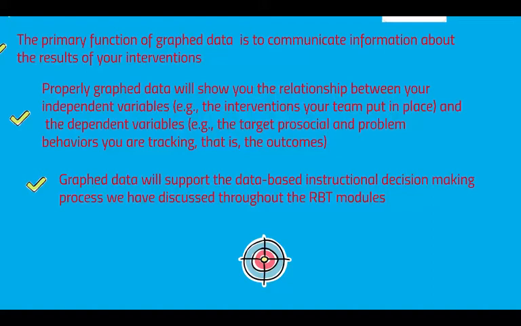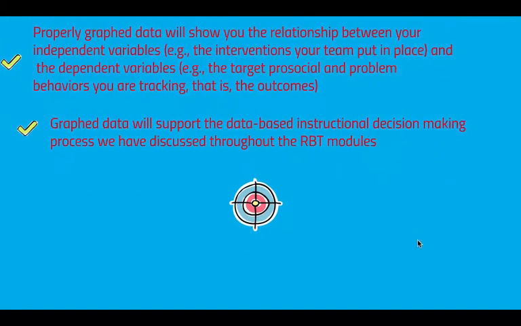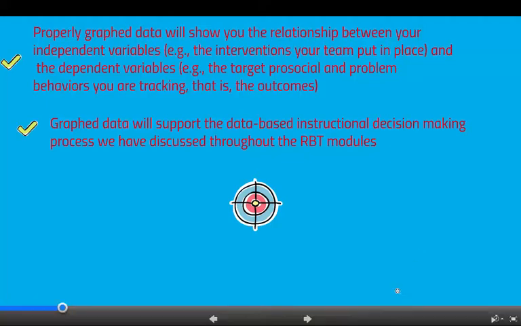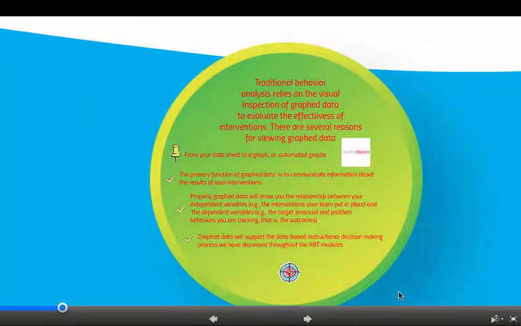We're looking to see what that relationship is between the intervention we put in place and the outcomes we're looking for. We want the data to tell us whether or not there's a functional relation between the independent variable and the dependent variable. Because if there's not, then it'll be our obligation and our responsibility to make changes in the individual's program. And then finally, graph data will support data-based instructional decision making, and it'll inform the entire process. And we've discussed that pretty extensively throughout the Registered Behavior Technician modules.